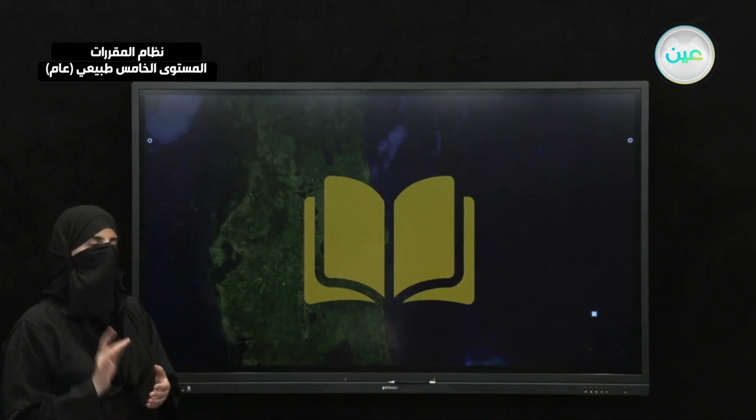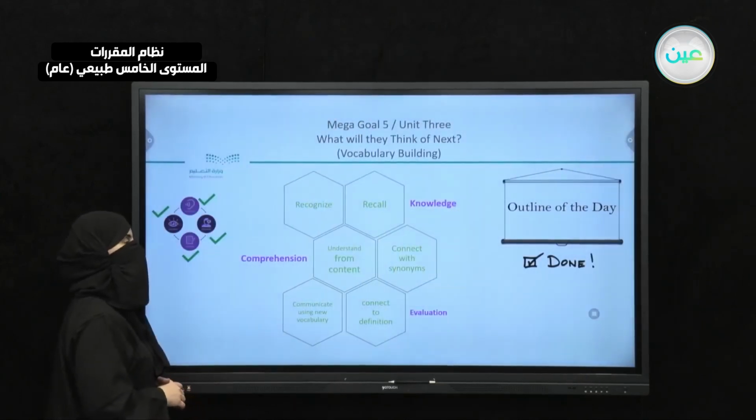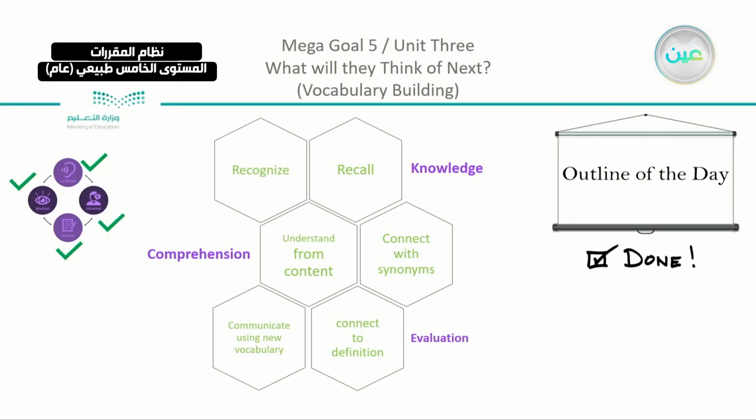Until then, just look up the examples that I asked. So we have here, we recognized and recalled meanings based on the words that we have. Also, we had the words and we tried to understand them from context or from pictures. Connected with synonyms also. And we have here the evaluation part, which is to communicate with new vocabulary.